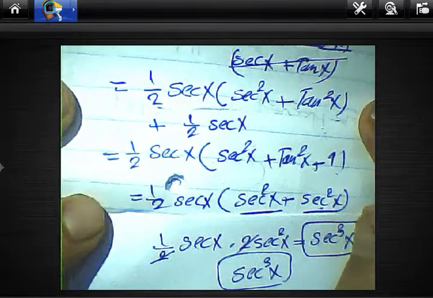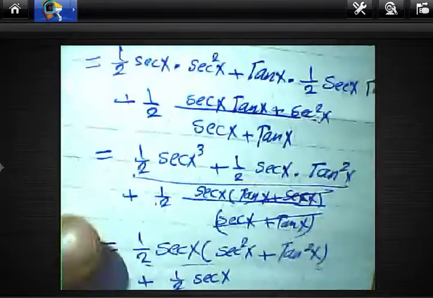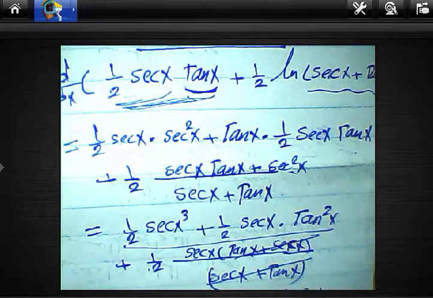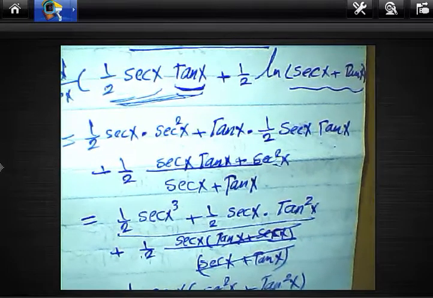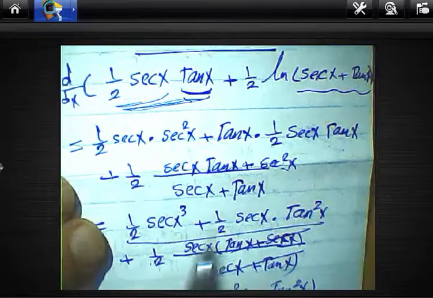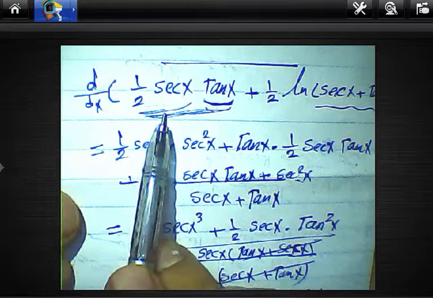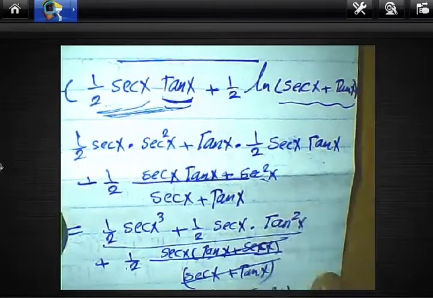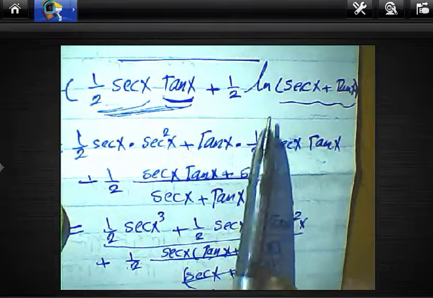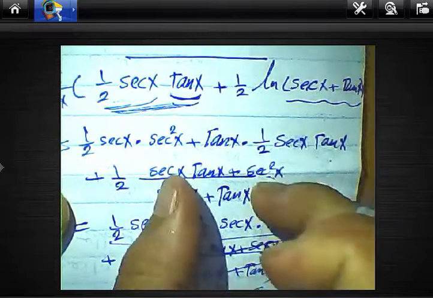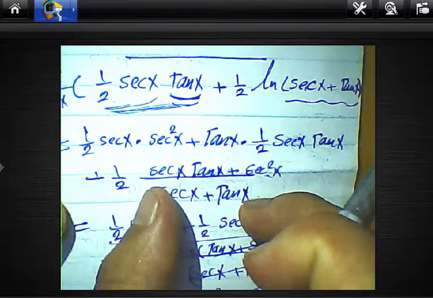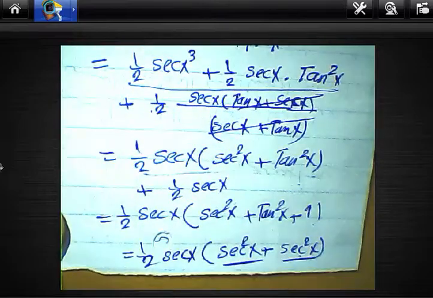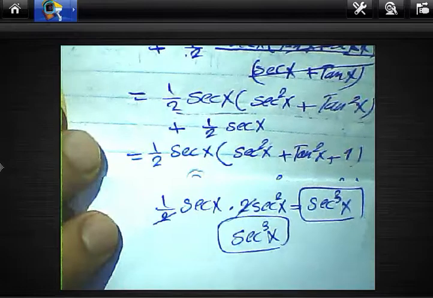Yes, it's long, so we must use all the properties in this example. It's very long. So again, first we find the derivative of the first times the second plus the first times the derivative of the second, and here we use the rule for ln: we write the derivative of this expression in the numerator and this expression in the denominator, and we can simplify to get the result, sec power 3 of x.